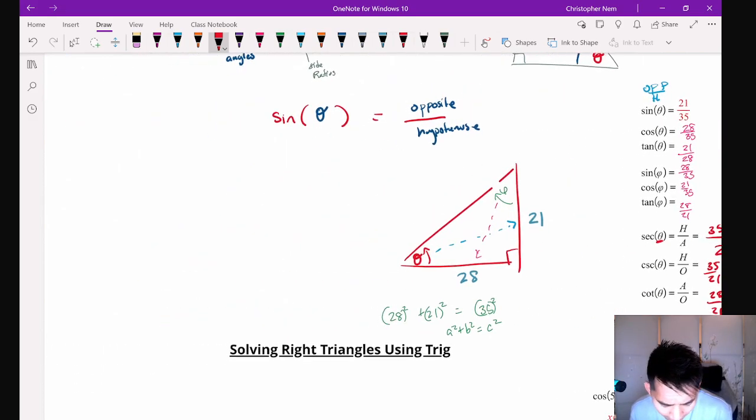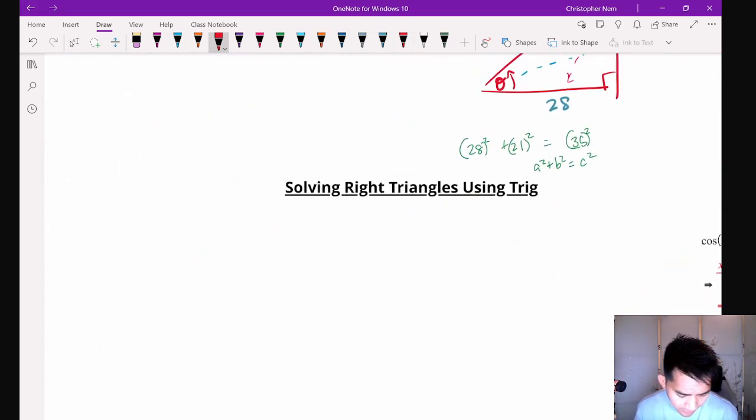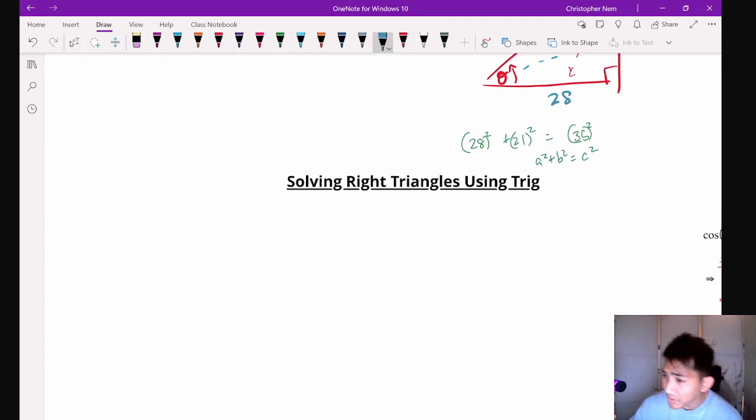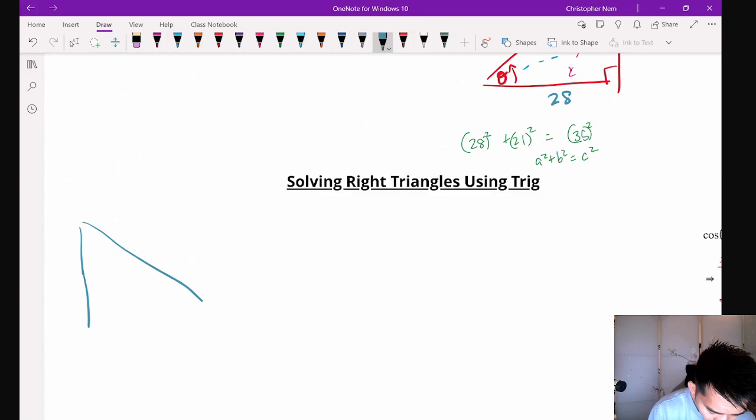Now, how do we apply this in applications and whatnot? Well, let's solve some problems using right triangles and trig. So let's take this example. I draw a right triangle here, and then I say this angle right here is 50 degrees, and then I give the hypotenuse to be x, and then the one on the base is going to be 18.